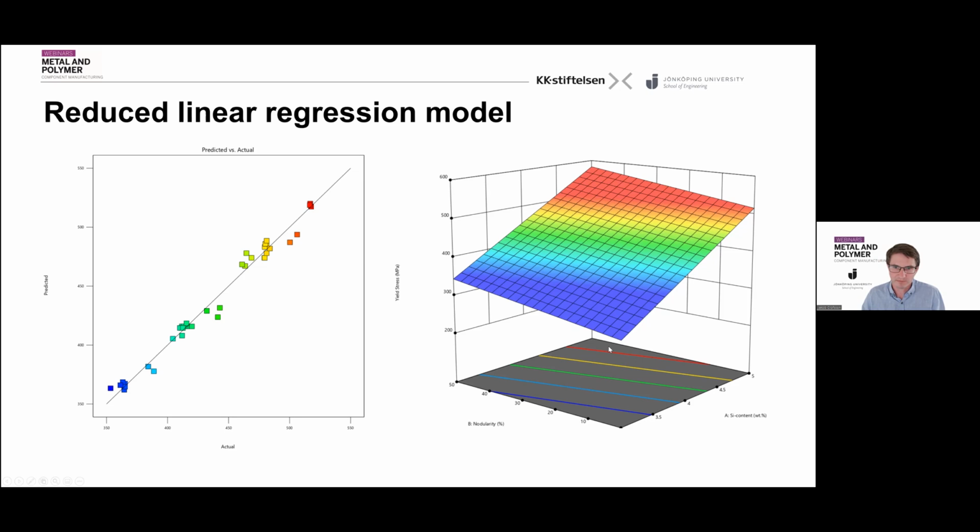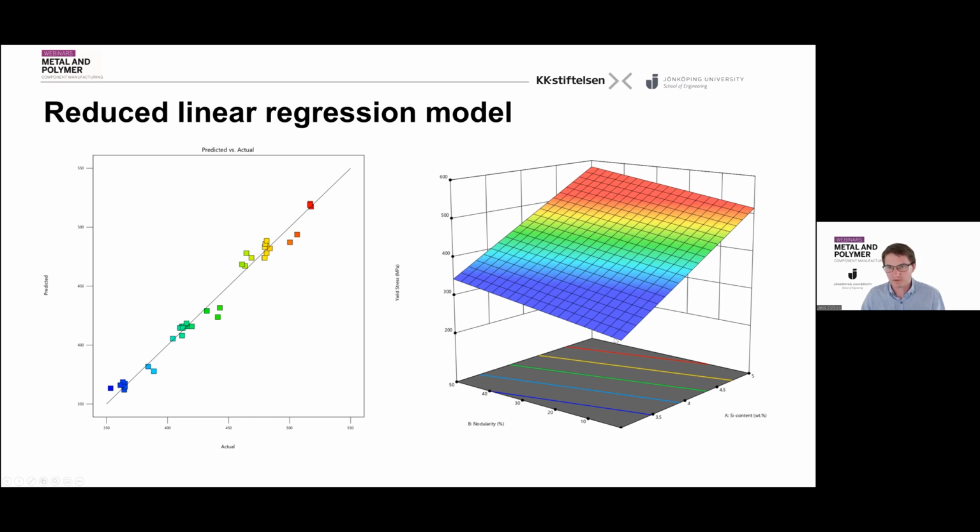And if we have different nodularities due to different cooling rates, you can see that increasing the nodularity also increases the strength, which makes sense based on what we thought in the beginning would happen: silicon content should strengthen the matrix, and it does.